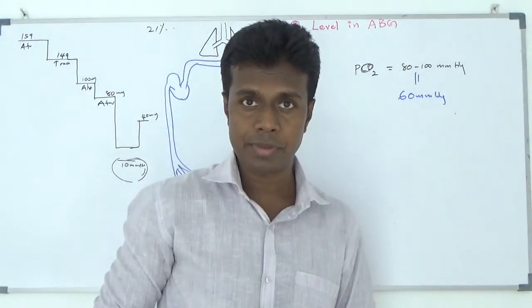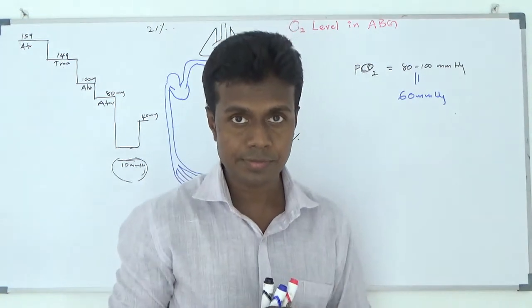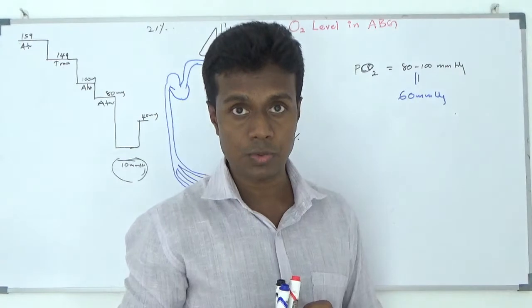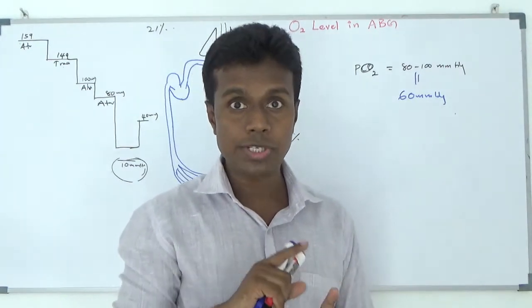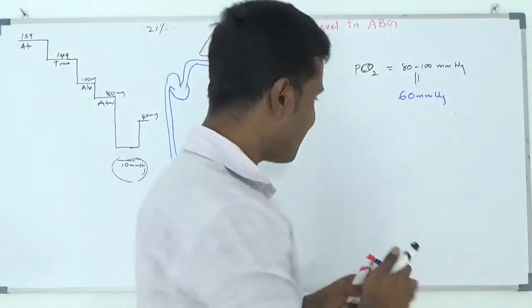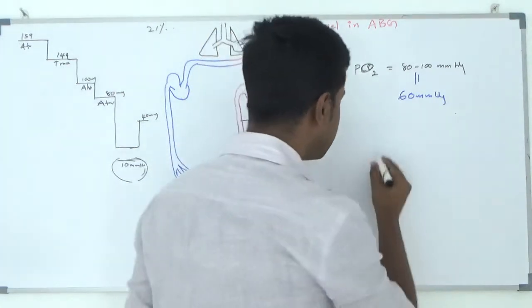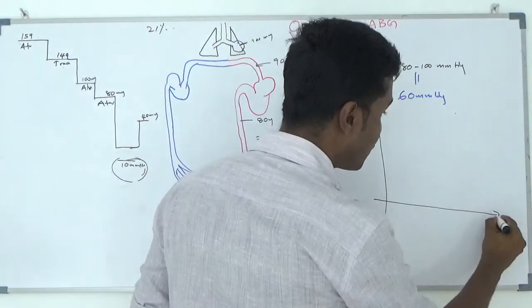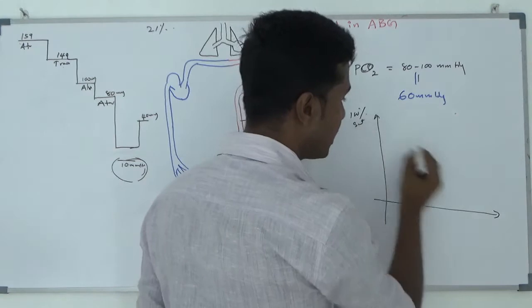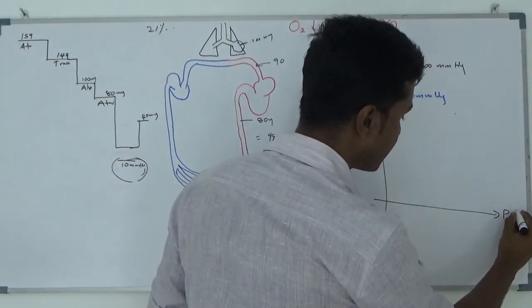Why is that? Anyone? If you remember your ODC curve, oxygen dissociation curve, truly speaking the oxygen association dissociation curve, because both happen in the same curve. If you draw the oxygen association dissociation curve, here is your percentage of saturation, here is your partial pressure.